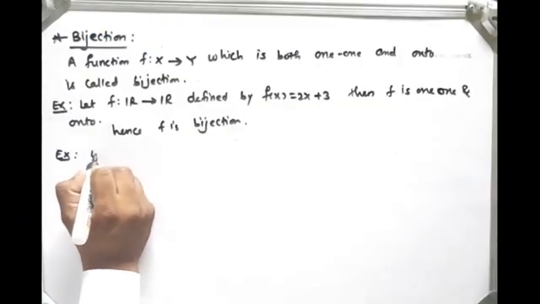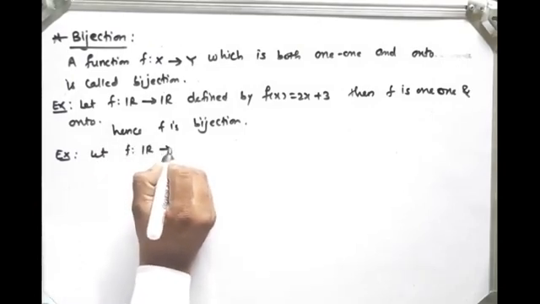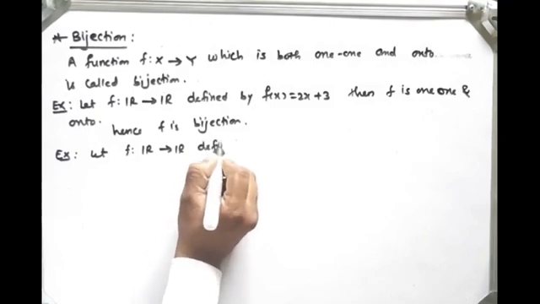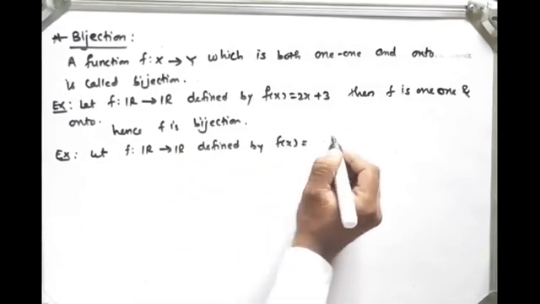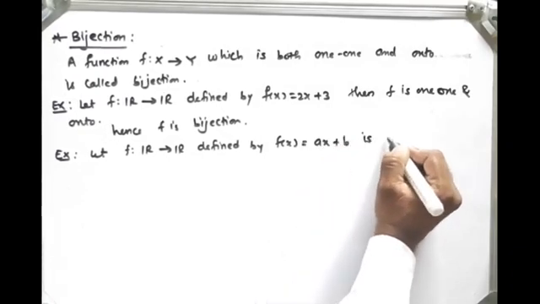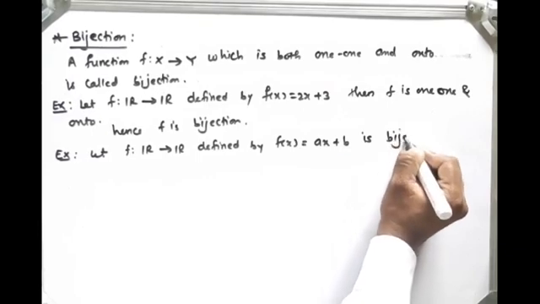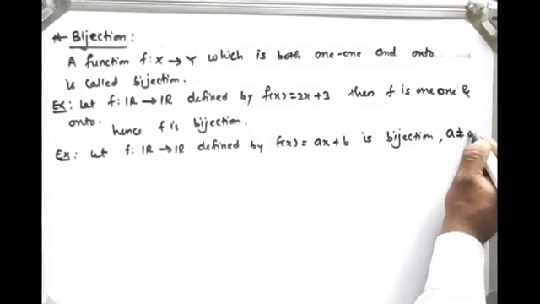Now let f from R to R be defined by f of x is equal to ax plus b is a bijection, where a is non-zero.